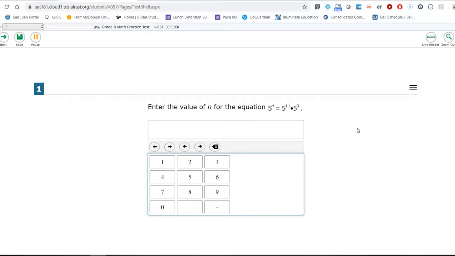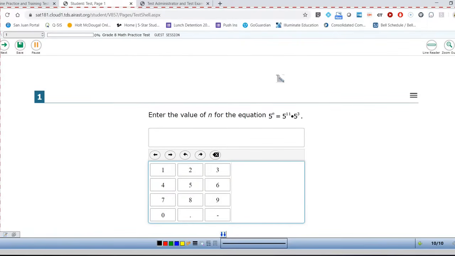So question number 1 says, enter the value of n for the equation 5 to the n equals 5 to the 11th times 5 to the 3rd. So let's go back and think about something that we learned earlier this year.